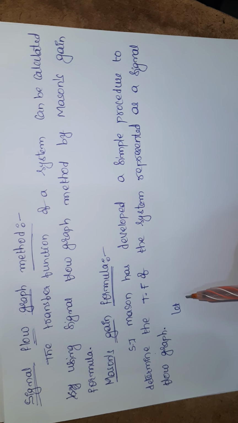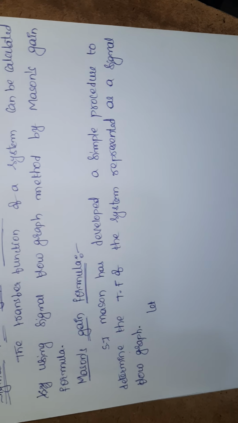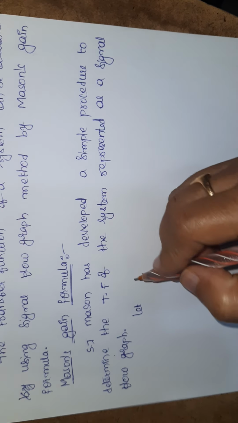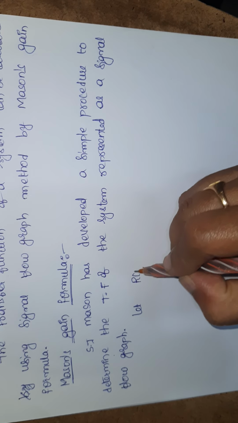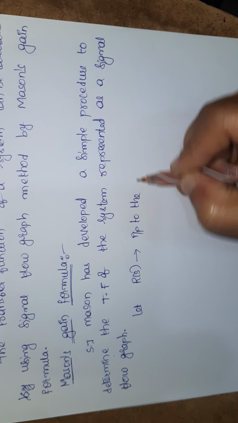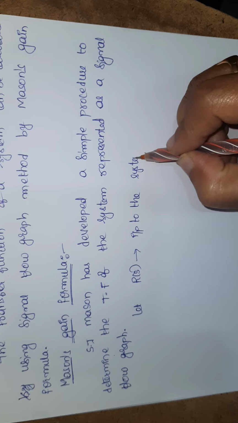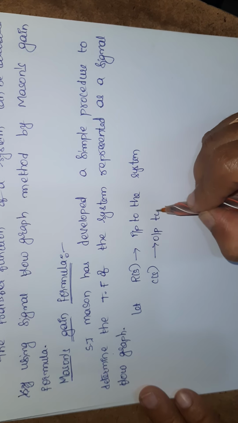So the transfer function of a system can be calculated in signal flow graph method by Mason's gain formula. S.J. Mason has developed a simple procedure, and I am assuming that R of S is input to the system and C of S is output of the system.